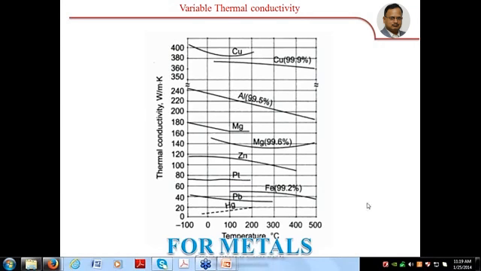Now have a look at this figure. For metals, as I said, with increase in temperature, the thermal conductivity goes on decreasing. For example, copper, from 420 it drops to 260. For magnesium from 180 it drops, and similarly for mercury also.